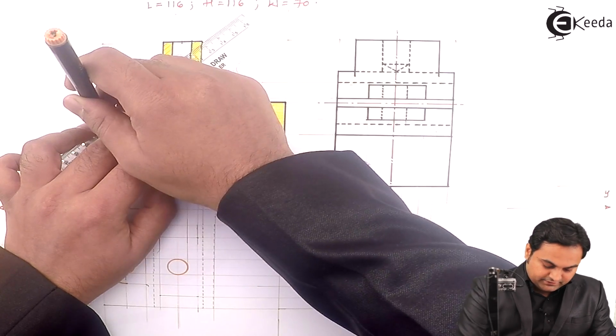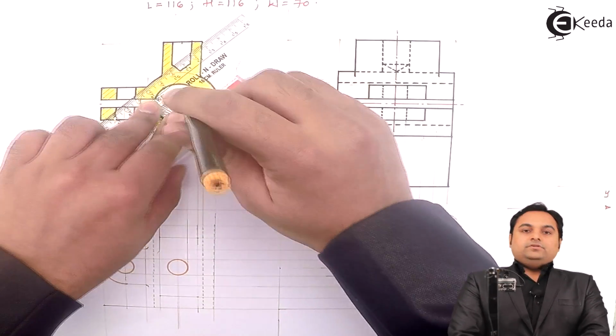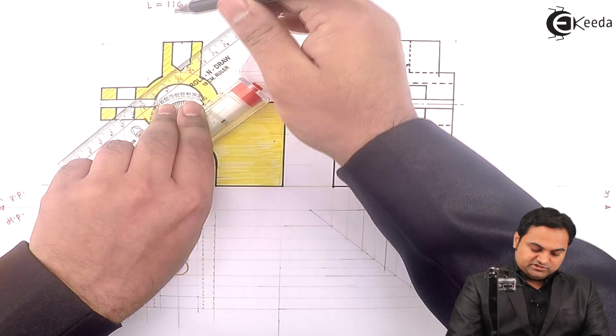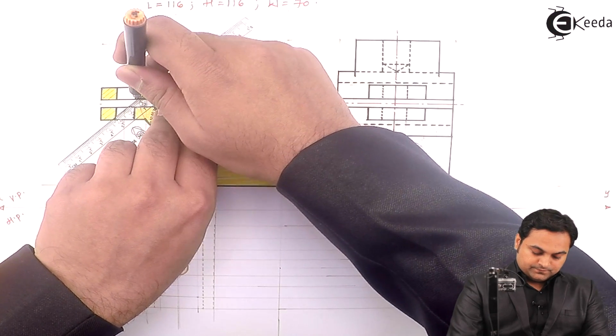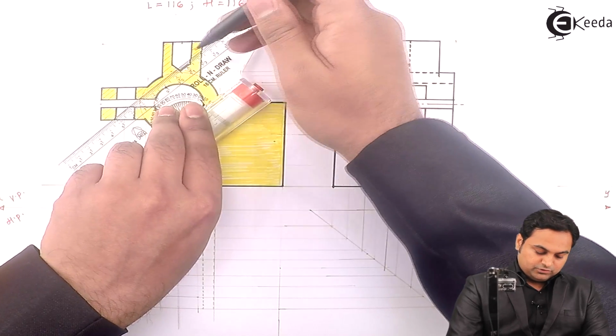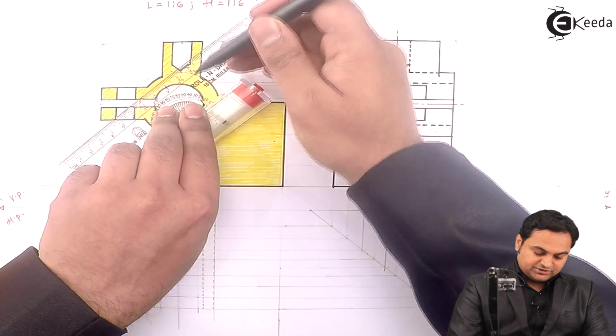Lines inclined at 45 degrees. These are the section lines which should be shown when the surface is cut. That is, whenever we are drawing the sectional view, we have to draw these lines as an indication.